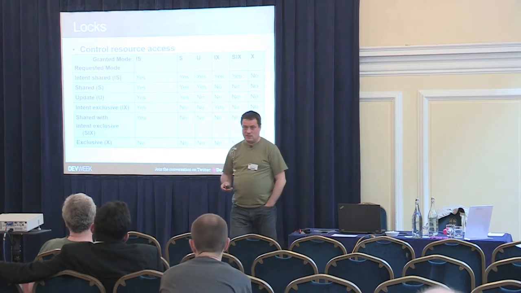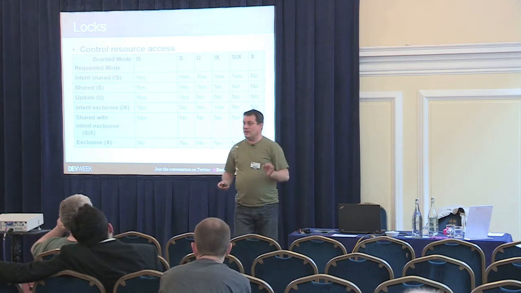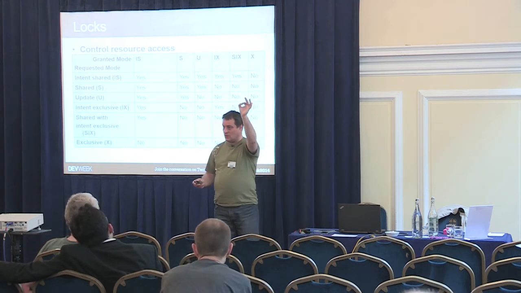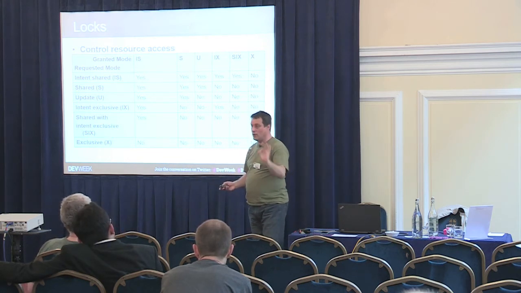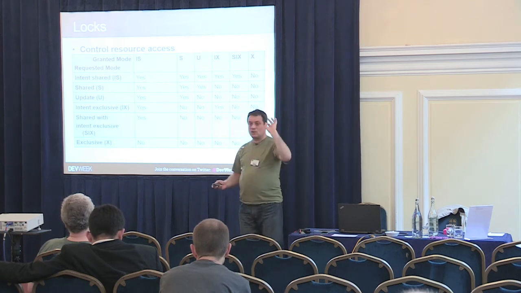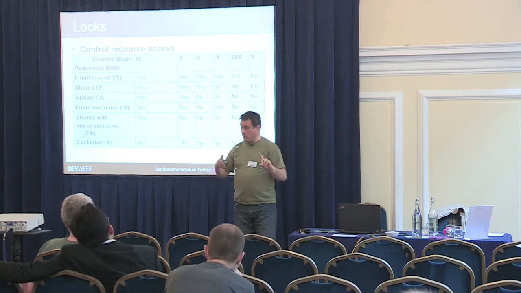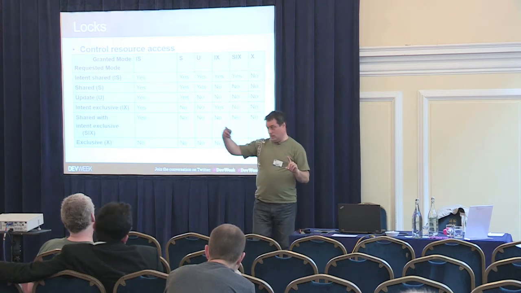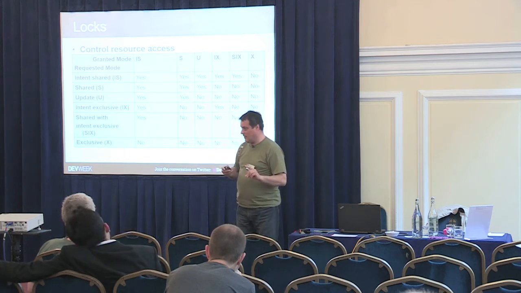So what are these locks about? These are locks that SQL Server puts automatically on higher levels. So imagine you have an exclusive lock on a row. SQL Server will automatically put an intent exclusive lock on the page and on the table or partition, if you have a partitioned table, with lock escalation on partition level, and then table, and then also on the database.